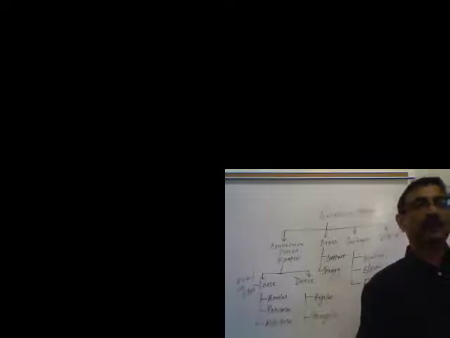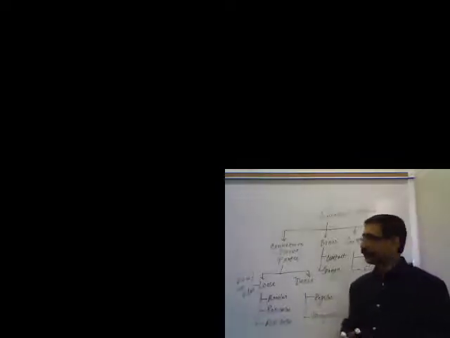Cartilages. Three types of cartilages. The most common is called hyaline cartilage. Then you have another type that is called elastic, in the ear and epiglottis. Elastic. And third one, fibrocartilage. A lot of fibers. Fibrocartilage. So those are three types of cartilages.